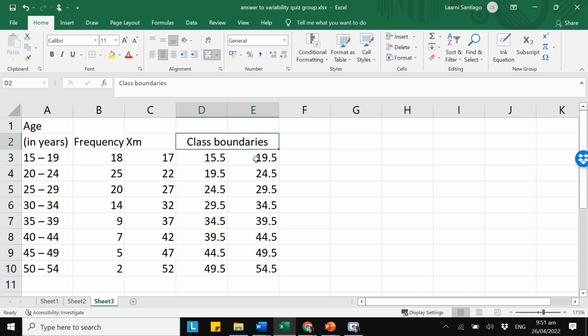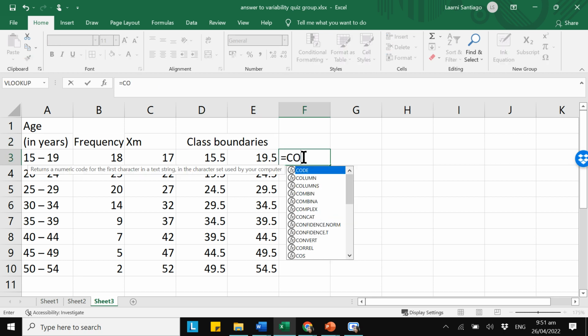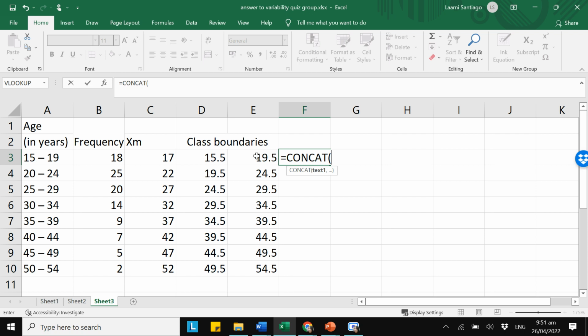Yan. Okay. Now, if in case you're gonna submit this to me, kunyari ganito yung sasubmit ninyo, although hindi naman tayo magpapakompute ng ganito, merong isang program sa Excel na kung saan pwede nyo pagsamahin to in a form of a text and it's called concatenate. Concat. Yan.